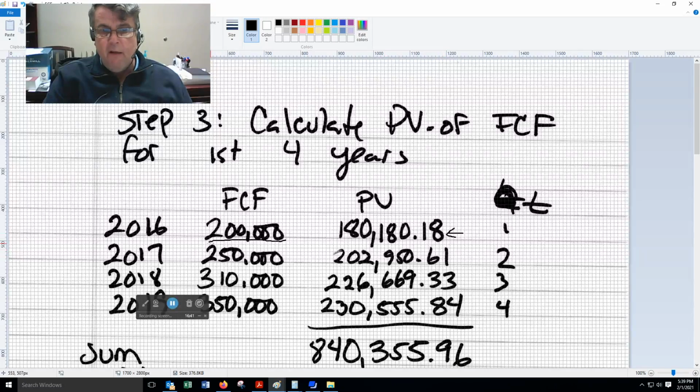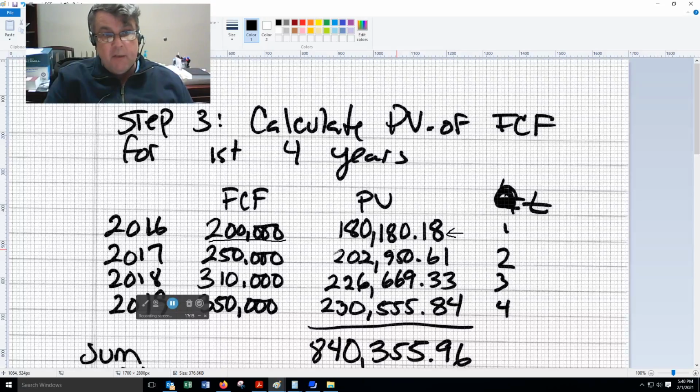We do the same thing for 2017, except our discounting periods are now 2. So to calculate this, you're going to enter a positive $250,000 free cash flow as your future value. Is positive because we're going to get that money. This money is 2 discounting periods away, 2 years away. So 2N. And the rate we're discounting it by is the RA.